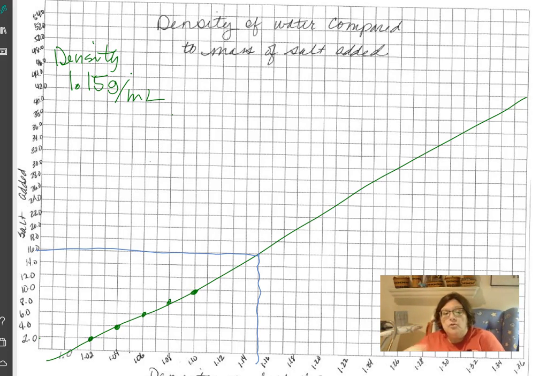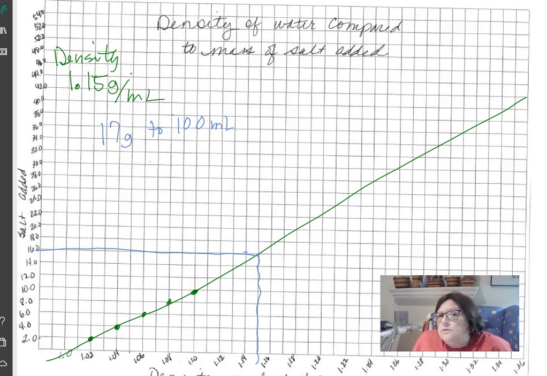So add whatever you calculate where it intersects at the left, and add a gram of salt to that. Okay? So based on this data, I need to add 17 grams to 100 milliliters of water.